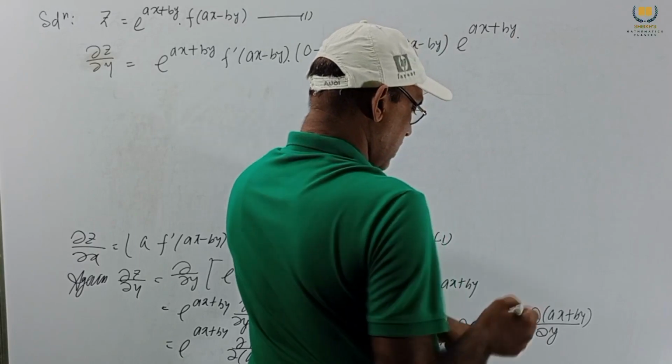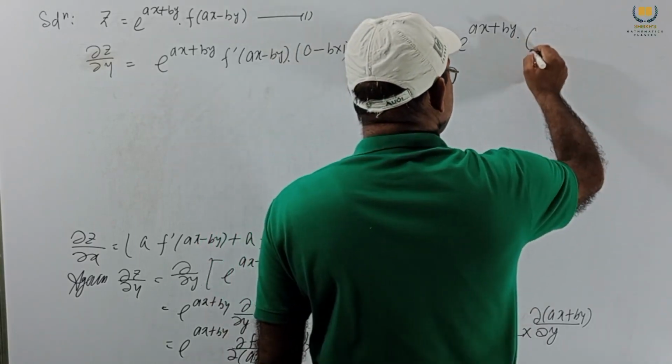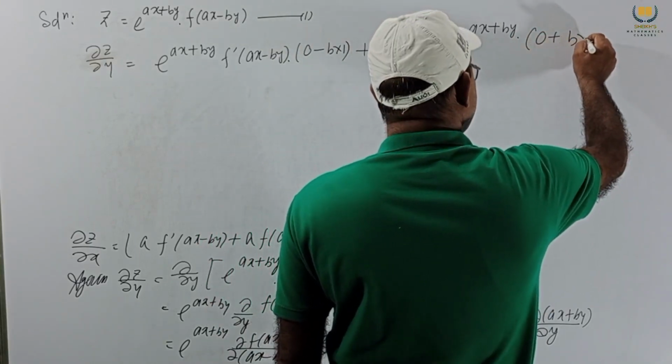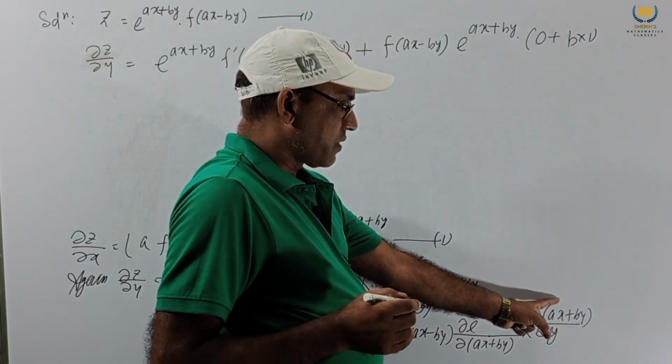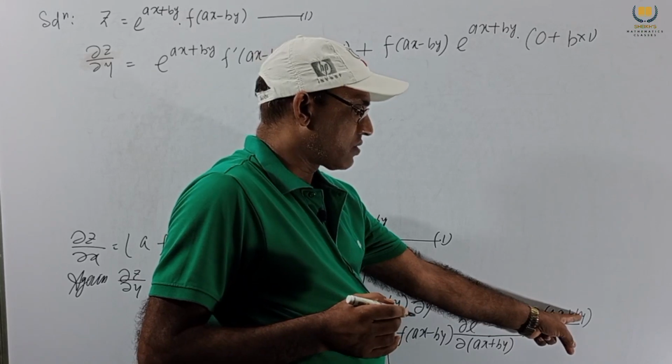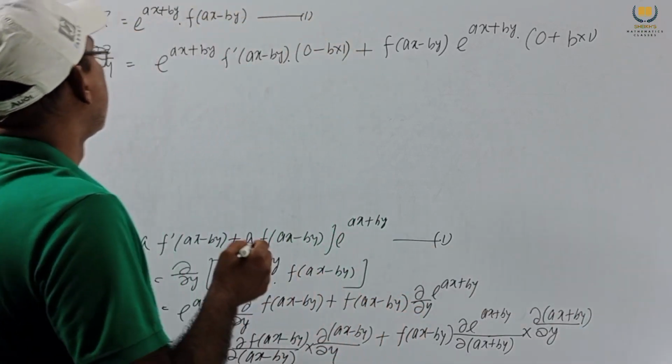Plus f(ax−by) e^(ax+by), and this is 0 plus b into 1, because we differentiate partially with respect to y, meaning this is constant, 0, b is constant outside, ∂y is 1.